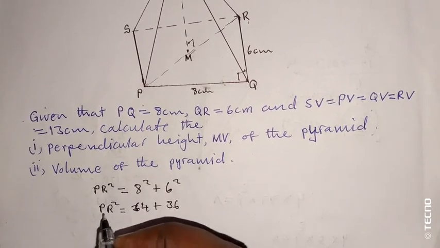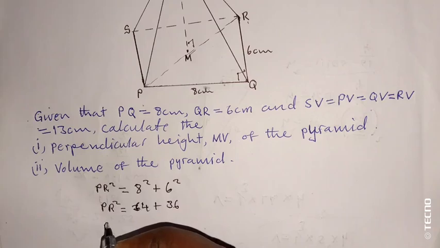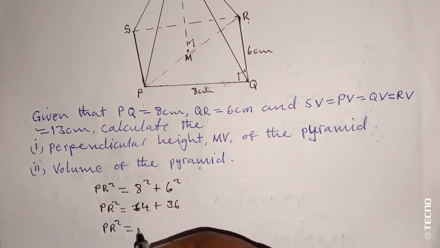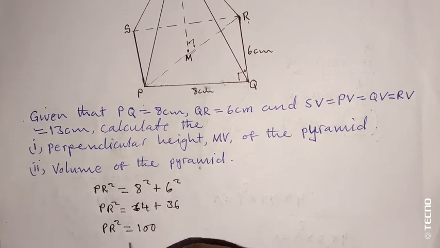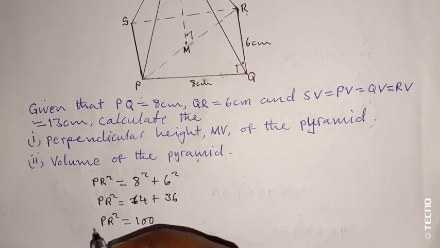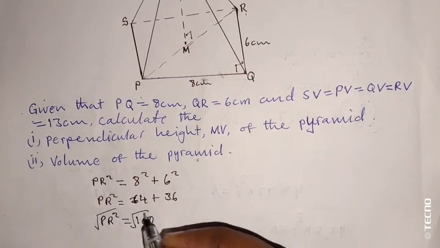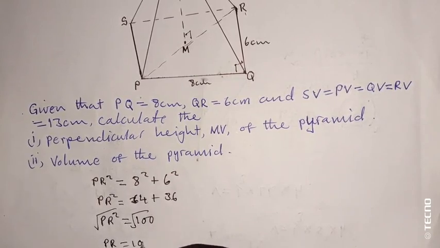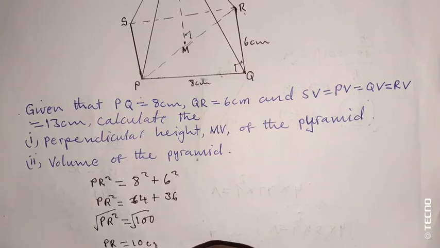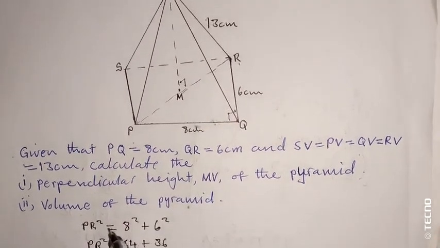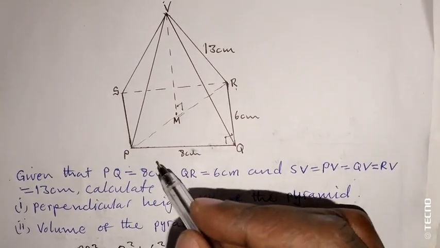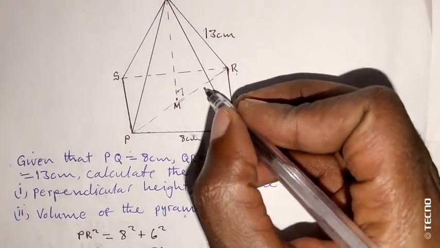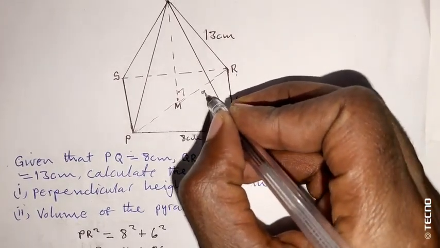When we add this, we find PR squared is equal to 100. Then we find the square root, so PR is equal to 10 centimeters. So this length is 10 centimeters. When you divide by 2, you find it's 5.